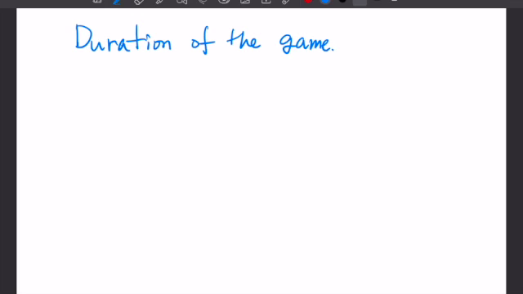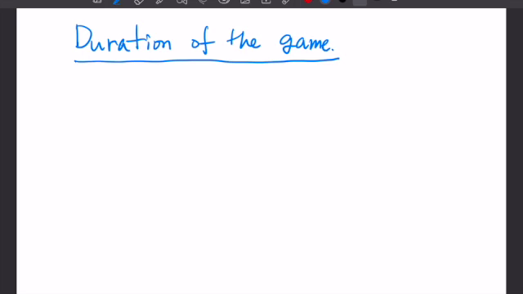Now consider a different problem. Well, actually, it is still a problem of gambler's ruin, but we now look at the duration of the game. So that means how many times do we have to play until the game ends, that is until Alice or Bob becomes broke.